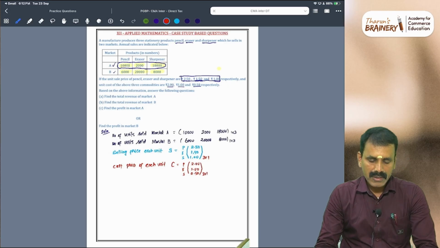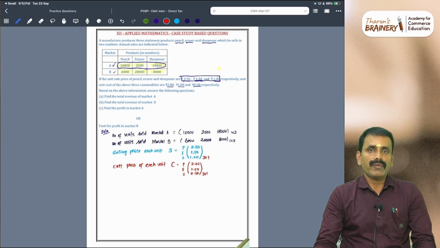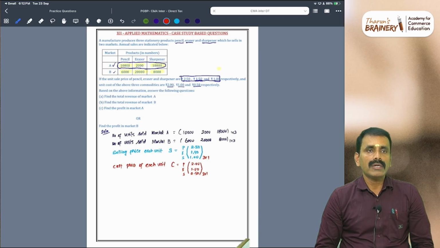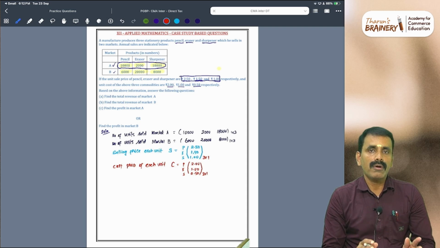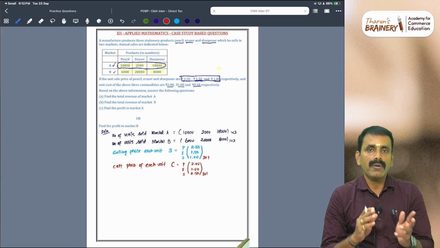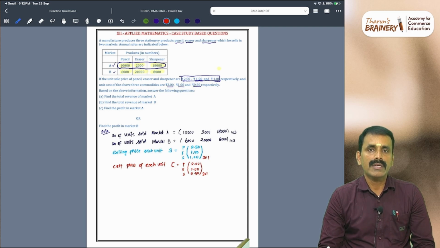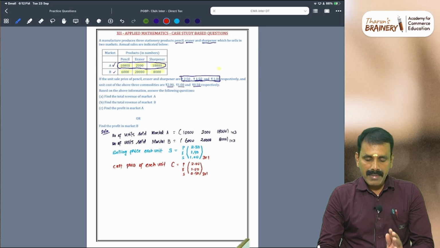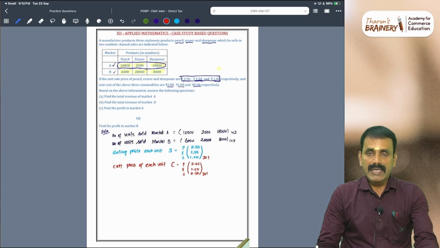And what is the first question? Find the total revenue from market A. How to find the total revenue? We have to multiply the number of units sold of each product in market A with the corresponding selling price. Is it clear? That is, matrix A should be multiplied with matrix S.